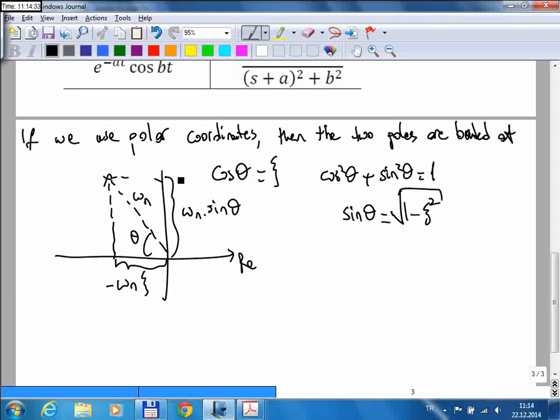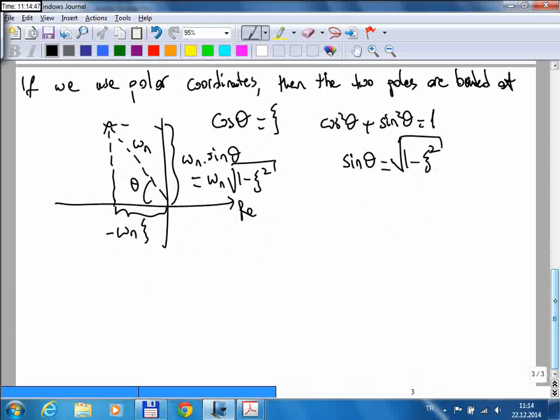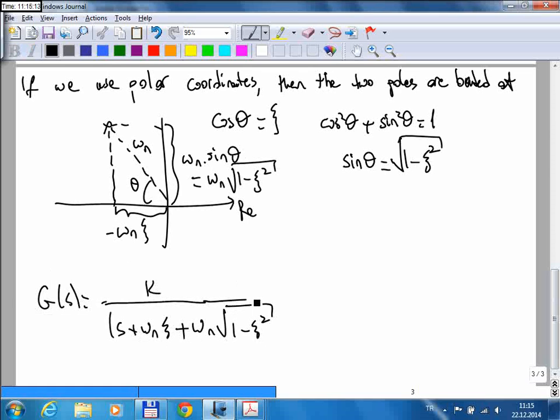Okay, so this means the imaginary component of this complex number is omega n times the square root of 1 minus zeta squared. Okay, so now the transfer function should look like that, numerator divided by s plus omega n zeta plus this quantity omega n times this thing.